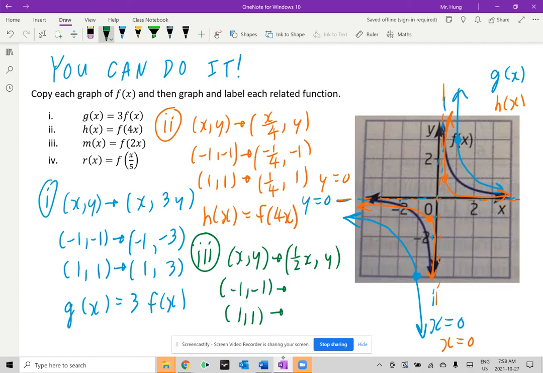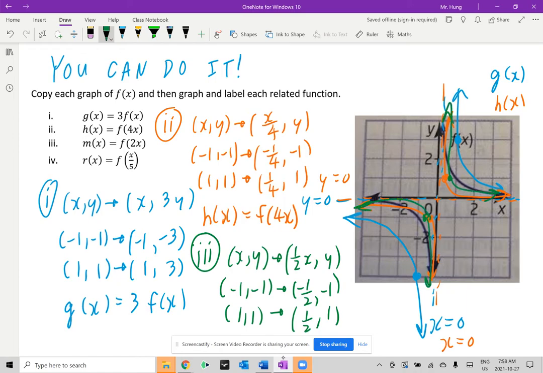Again, I start with the original points. I take the x values and I multiply by half. Half times -1 is -1/2. 1 times half is going to be 1/2. The y values I copy as is. So again, I go left by half this time, down by 1. I go right by half this time, up by 1. And again, the graph will look, roughly speaking, something like that.